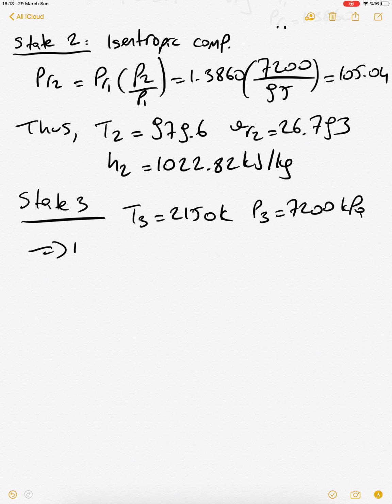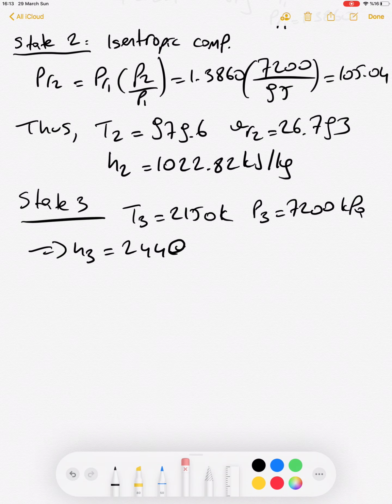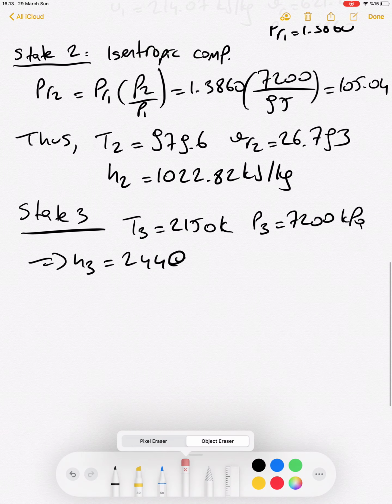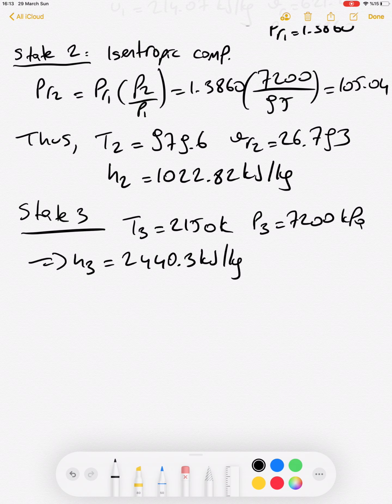Therefore, we can go and read from the table H3 as 2440.3 kilojoule per kilogram, and VR3 is 2.175.